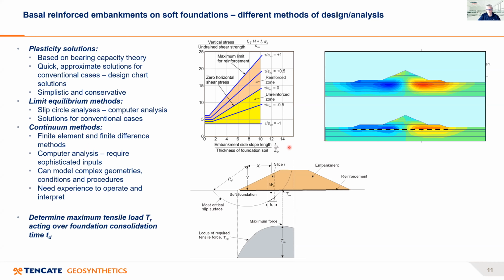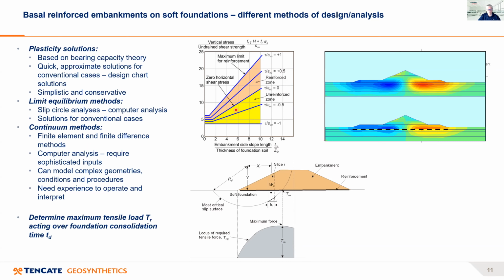And you can see one set of charts here. They're quite quick, approximate solutions for conventional cases. And again, these design charts, for example, here in this design chart, you can see the yellow zone is for the unreinforced case, and then the orange zone is for the reinforced case.